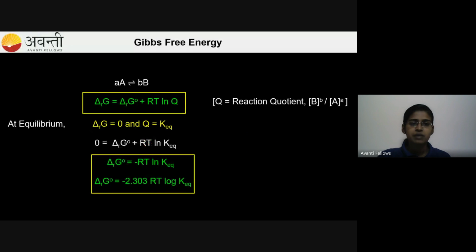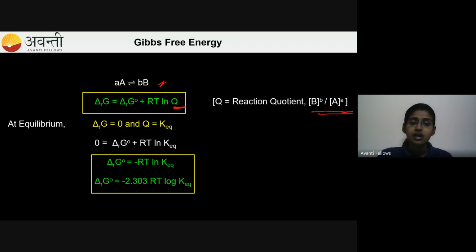Suppose I have a reaction with A moles of A in equilibrium with B moles of B. For this reaction, if I want to calculate the delta G R value, then it is equal to delta G R naught plus RT ln Q, where Q is the reaction quotient, product by reactant raised to the stoichiometric coefficients.